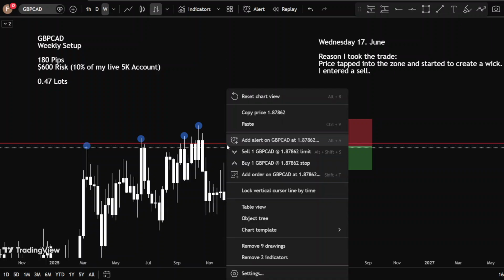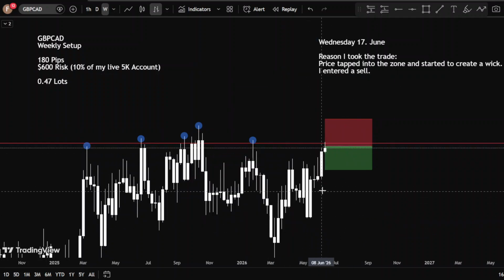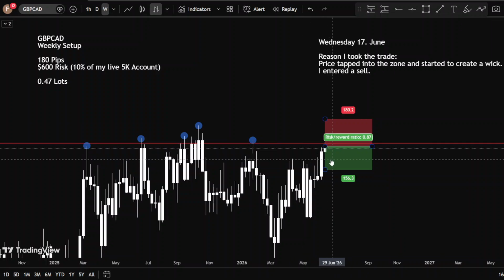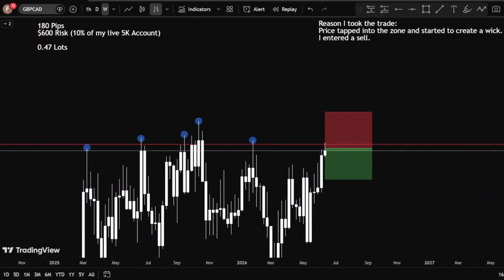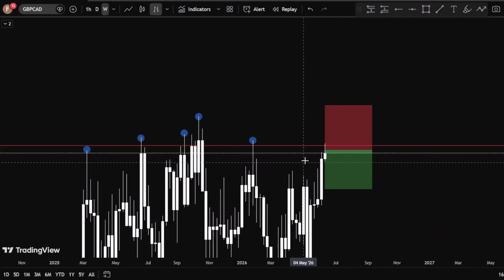So the only thing I did was placing the red horizontal line, like I showed you, and then I right clicked, added an alert, and I have this one connected to my phone. It's very easy. You can try to connect it to your phone as well from TradingView. You just click create and then you will have an alert. I didn't do it now because I don't need it. Whenever it hits the red line, that's when you start to look for some kind of rejection, some kind of wick on the weekly chart, which it did.